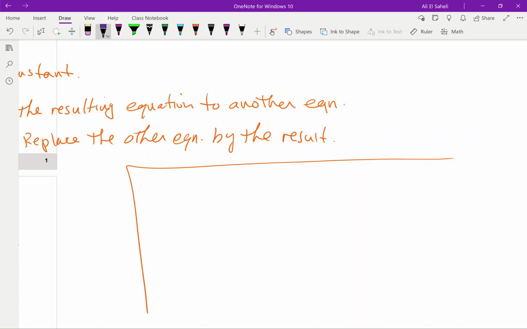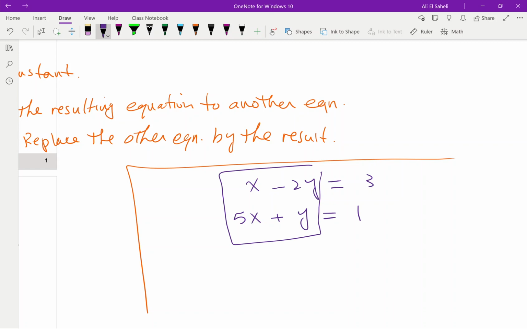Let's say you have x minus 2y equals 3, and 5x plus y equals 1. There are two steps here. The first step is that if you have equations like this, you can add the left side to the left side and the right side to the right side.